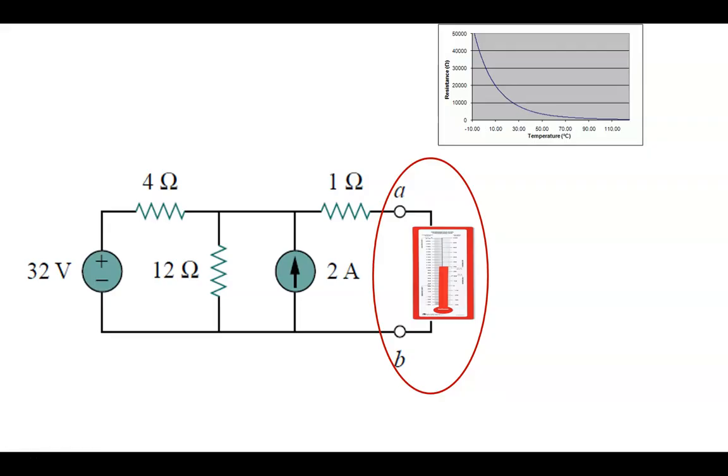Well, nodal analysis is not difficult, of course. We've already seen that. It's pretty formulaic, pretty algorithmic. Once you get the hang of it, it's basically applying the exact same techniques. Identify the nodes, apply Kirchhoff's current law at that node, then use Ohm's law to change that current into a voltage and resistance ratio.